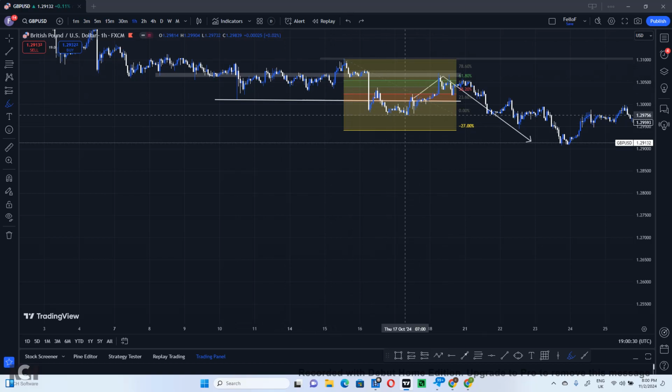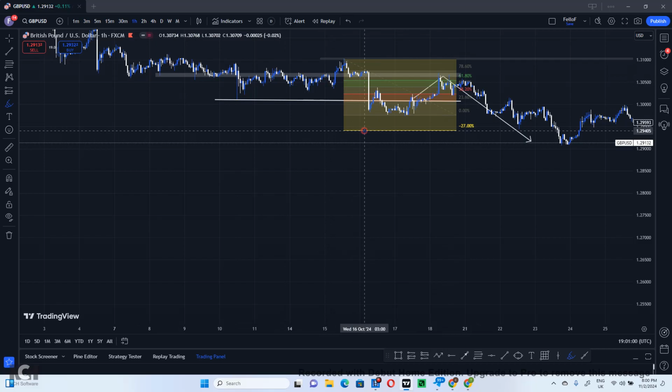This is a very powerful bullish candle, and we had a rejection around this key level on the 1 hour time frame, which is already above 50% of our Fibonacci retracement zone. It's between 61.8 and 78.6%. So those are two confluences already.